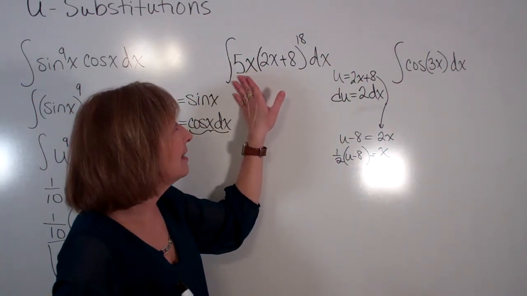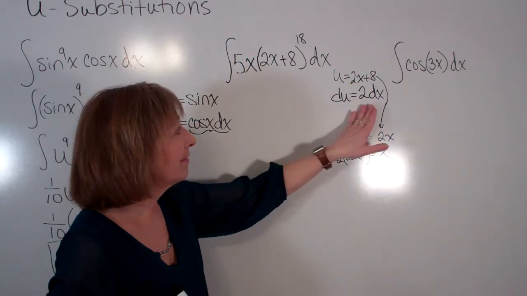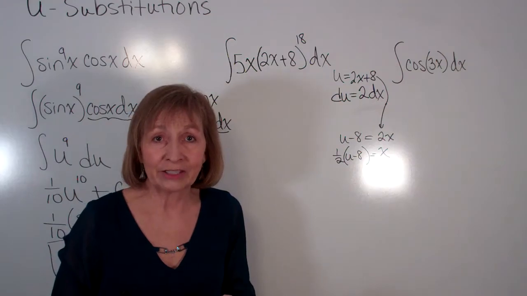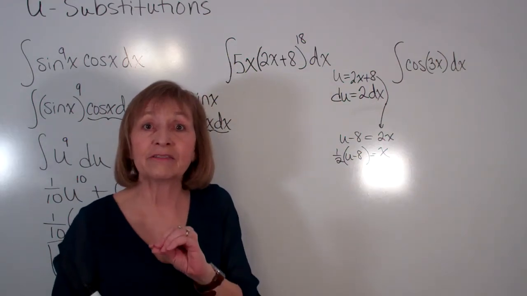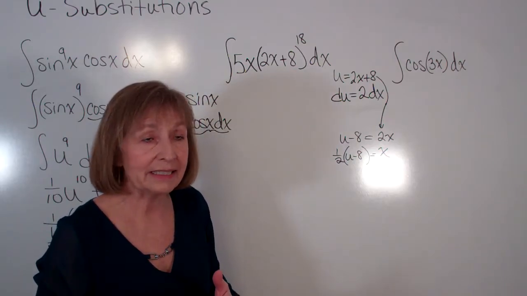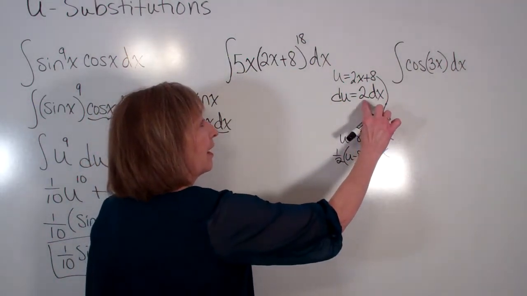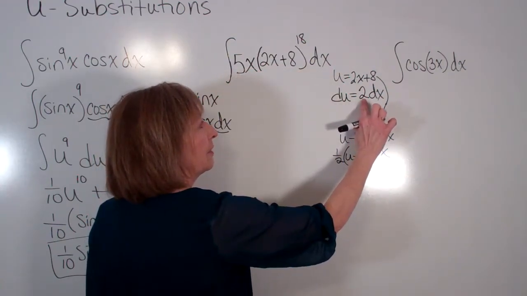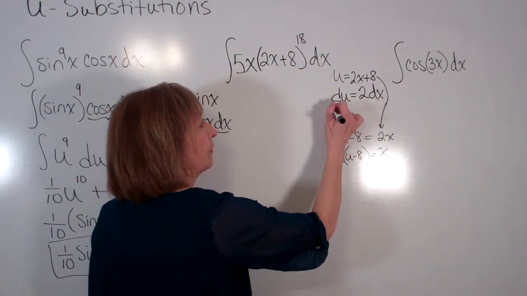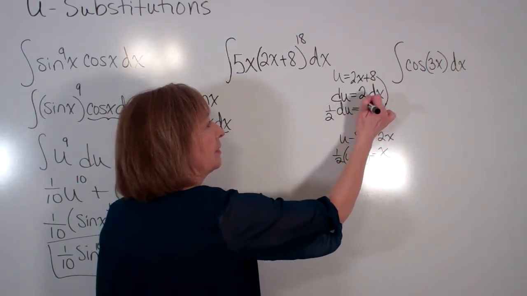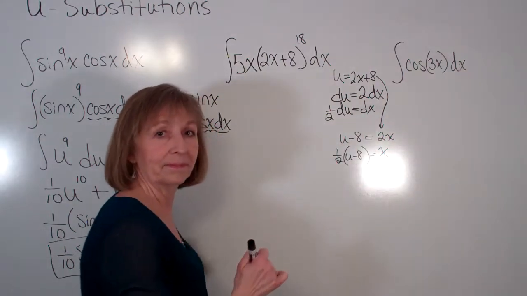Also, this is a numerical factor of 5. This has a numerical factor of 2. Number factors I can actually divide to the other side so that my replacements are easier to see. So there's no 2 factor individually, so I'm going to divide that factor of 2 over to the other side and see that 1/2 du is going to be the replacement for dx.